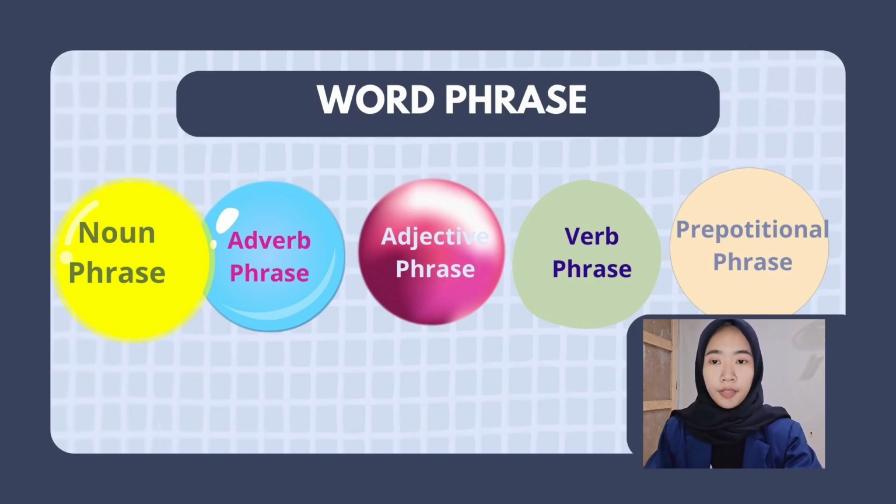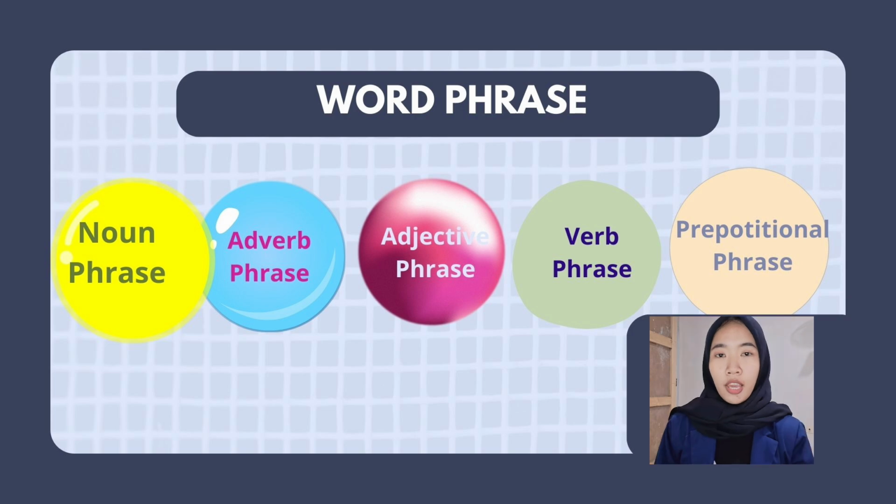The fourth is an adverb phrase, which is a group of words that describe a verb, adjective, or something else. The fifth is a prepositional phrase, which is a group of words that begins with a preposition that shows a relationship in a sentence. Okay, finally, what is a tree chart diagram?